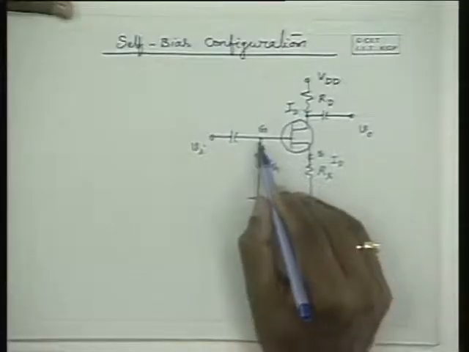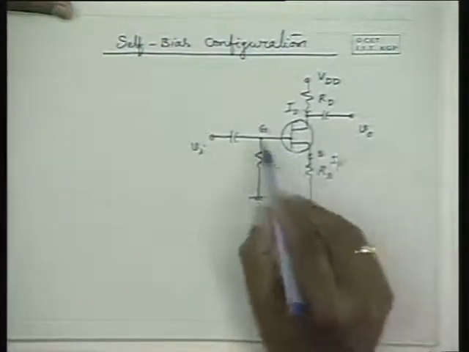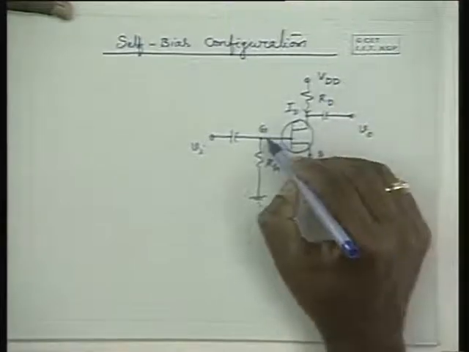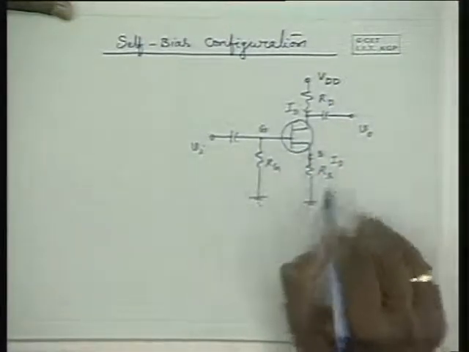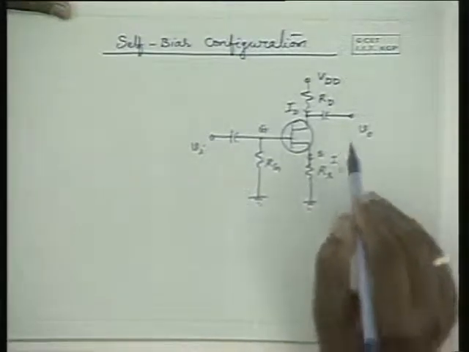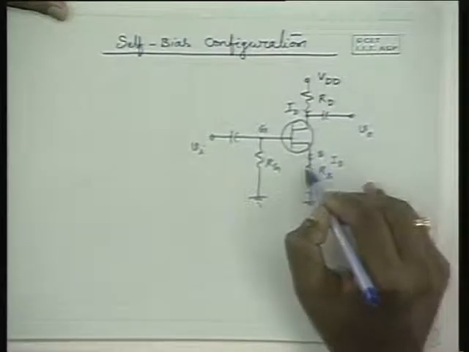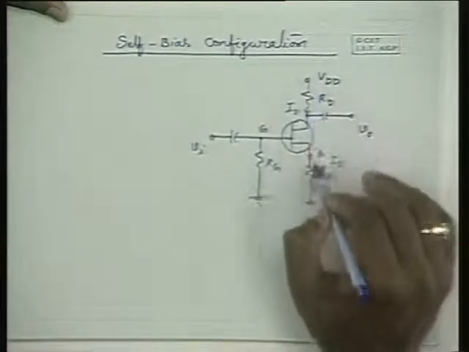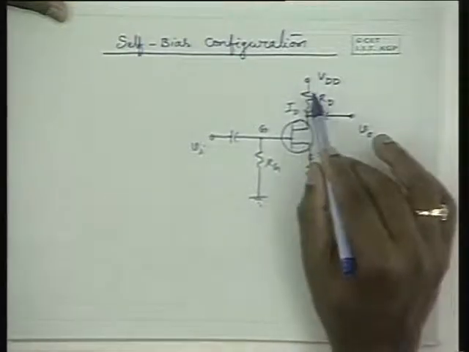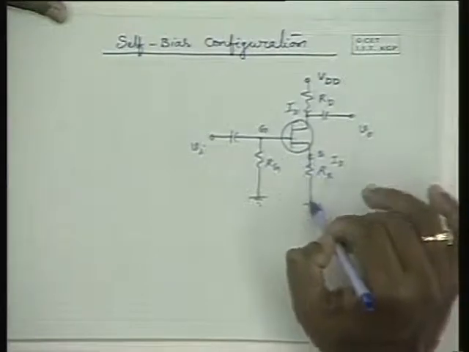Now on the input side, please note that when the gate to source junction is reverse biased, which is being done in this particular case, the drain current is equal to the source current with opposite sign. That means the same current flows throughout the channel, from VDD through RD into this device and into RS.